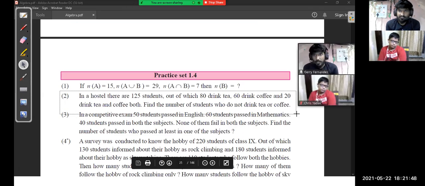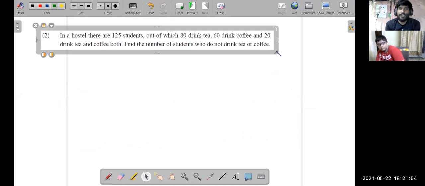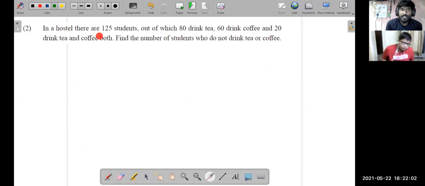Okay. We'll do the second one of this exercise. So this says, in a hostel, okay, listen to the question carefully. In a hostel, there are 125 students in total. Out of this 125, 80 drink tea, 60 drink coffee, and 20 drink tea and coffee both.